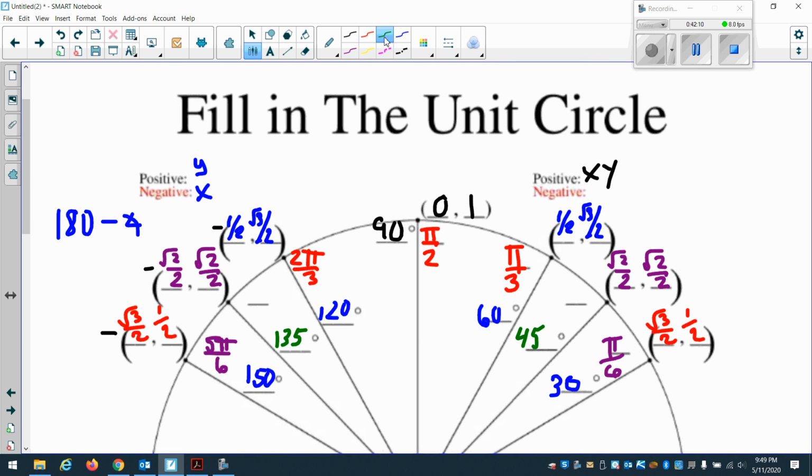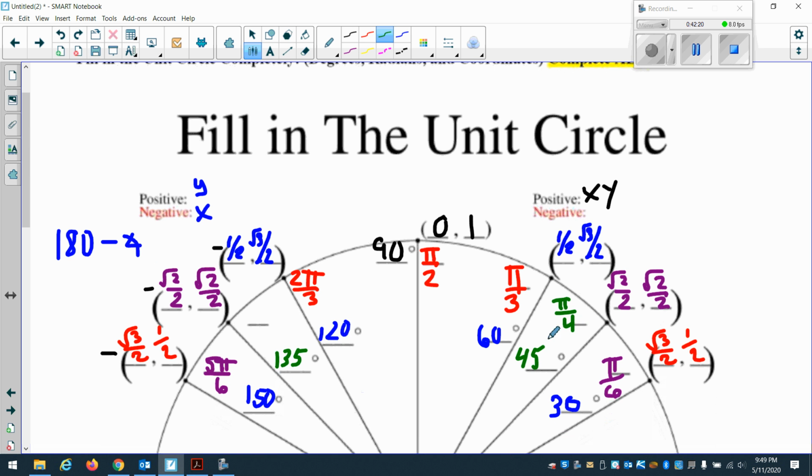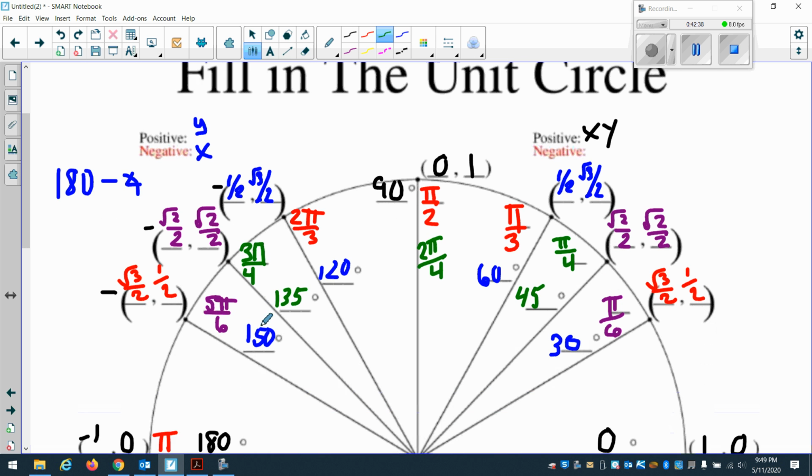Okay, now we're going to do the same thing with 45 degrees. However, we're starting with pi over 4. So every 45 degrees, you're adding 1/4. So at 90, it's 2 pi over 4. Another 45 is 135, which is 3 pi over 4.